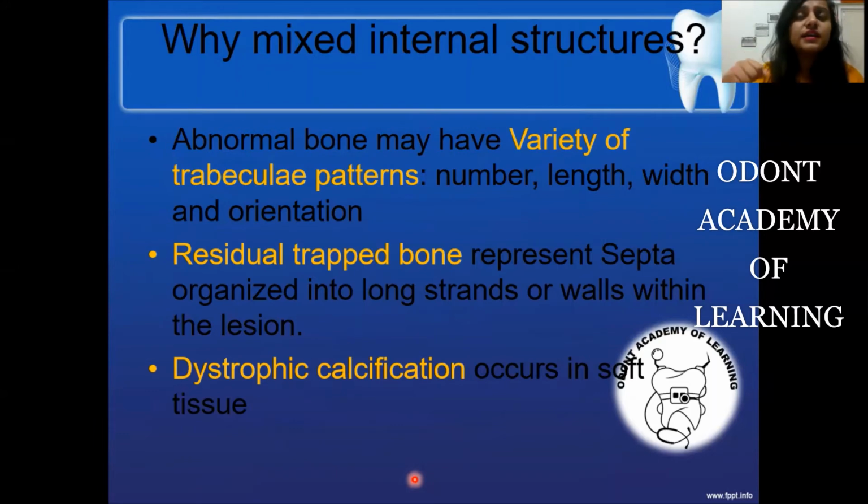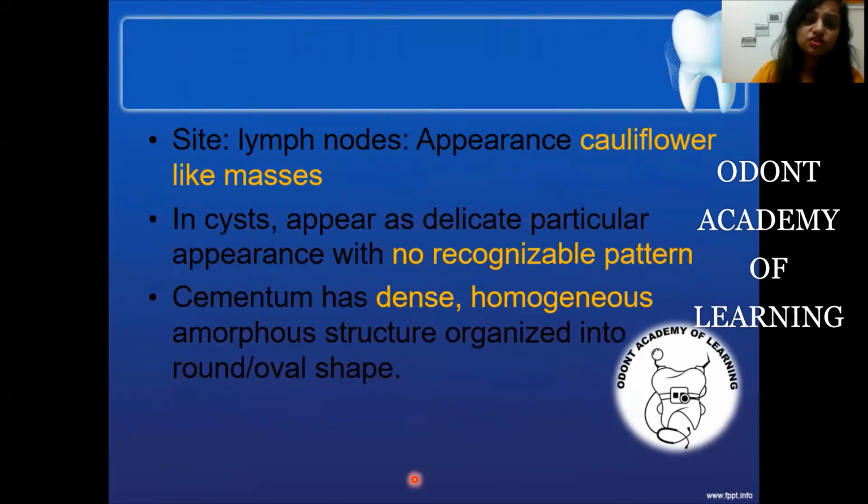Secondly, there can be residual trapped bone, that is, the septa get trapped within the lesion, and so it gives a multifocal appearance. In case of long-standing cysts, there will be calcification, or even in the soft tissue it can result in calcification, which gives the appearance of a mixed internal structure.